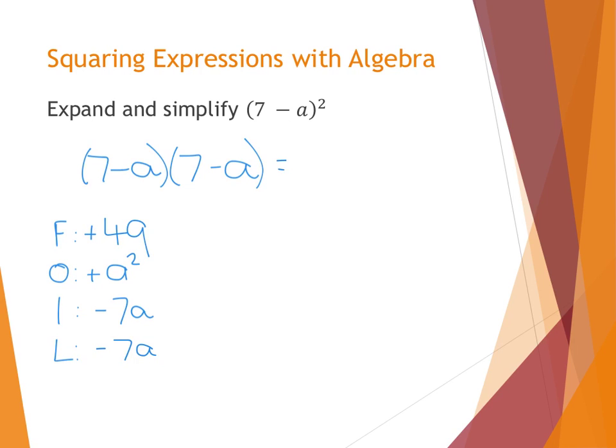Then we'll add those all together, so we've got 49 plus a squared minus 7a minus 7a, and we can simplify that even more, 49 plus a squared minus 14a. Remember that you can't combine an a squared and an a, they are different quantities.